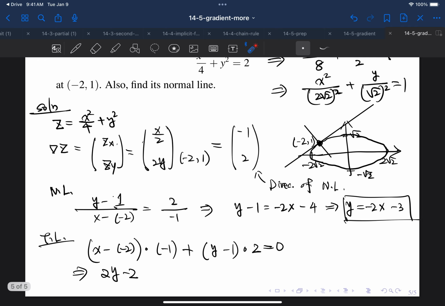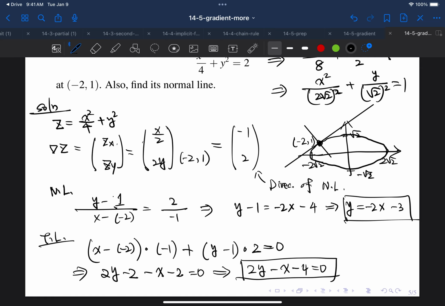I'm doing the second term first, and the first term is negative x negative 2 equals 0. So it is 2y minus x minus 4 equals 0. If you want, you can further simplify that to isolate y. All right, that's everything for today.